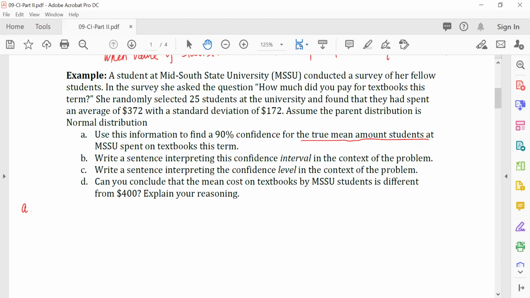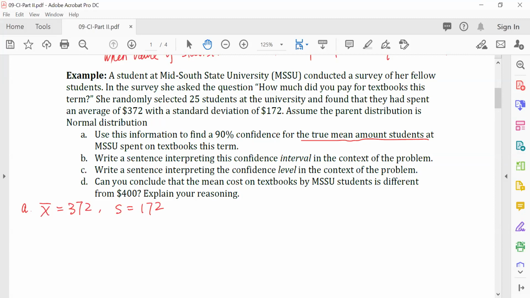So for A, she randomly selected 25 students at the university and found that they had spent an average of 372 with a standard deviation of 172. So in this case, we don't know the population standard deviation. We only know the sample standard deviation, 172.